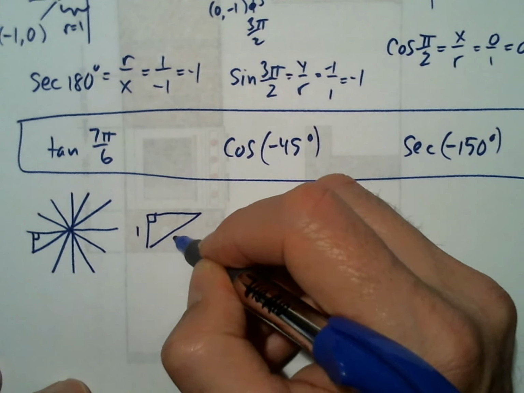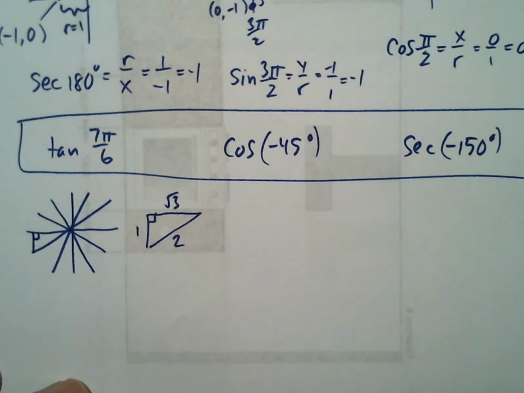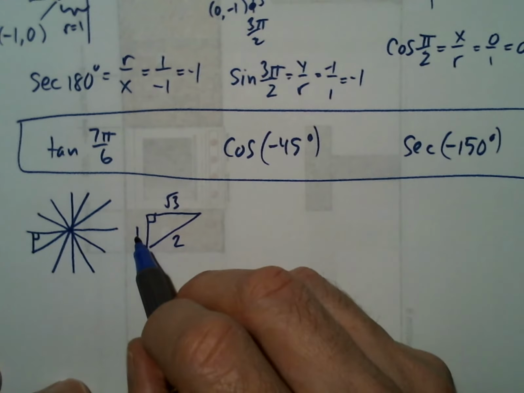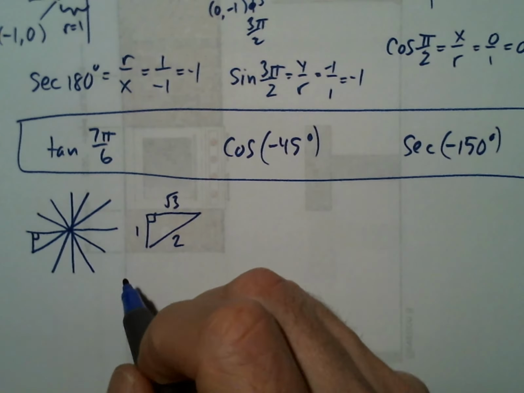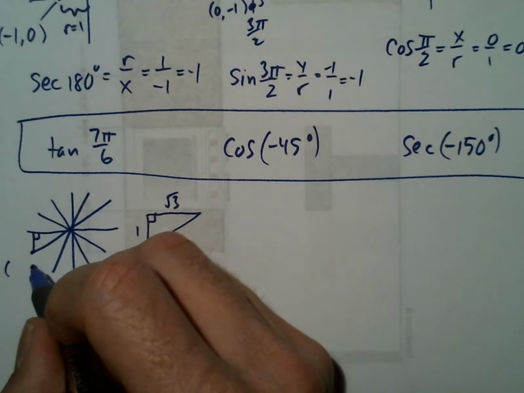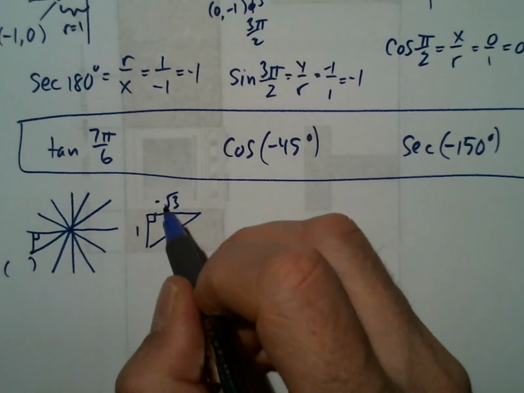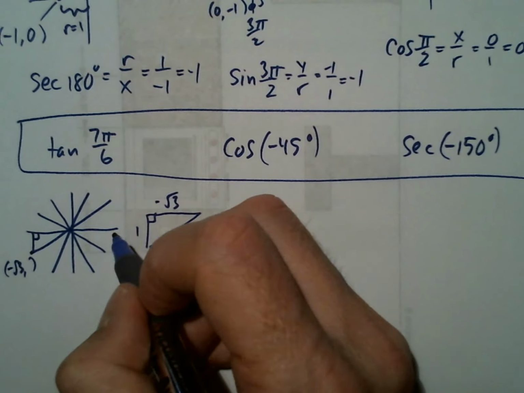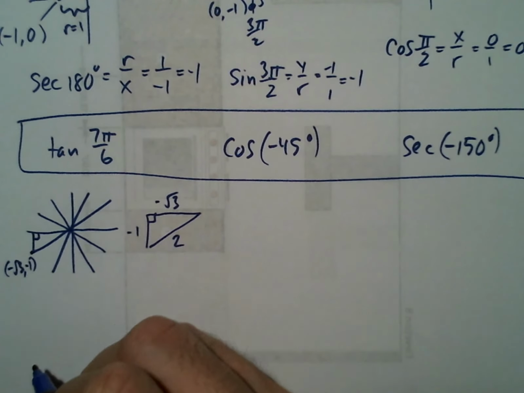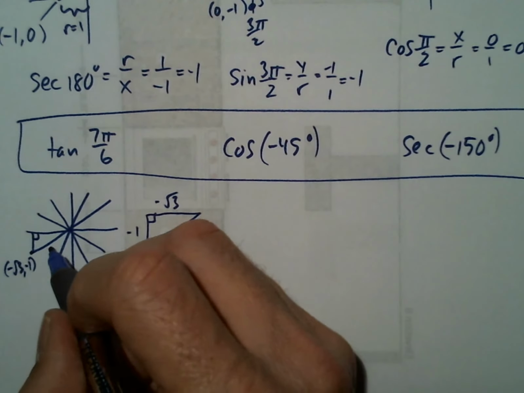The short leg is a 1, the long leg is a radical 3, and that tells us that the x is negative radical 3 and the y is negative 1 and the radius is 2.